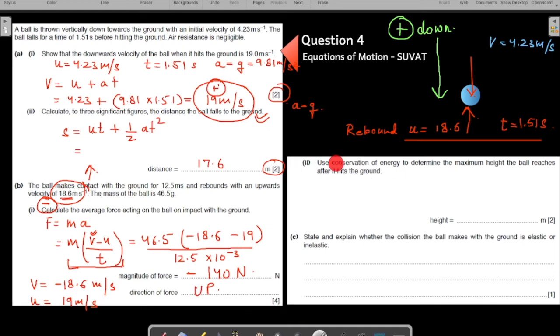Next part: use the conservation of energy to determine the maximum height the ball reaches after it hits the ground.